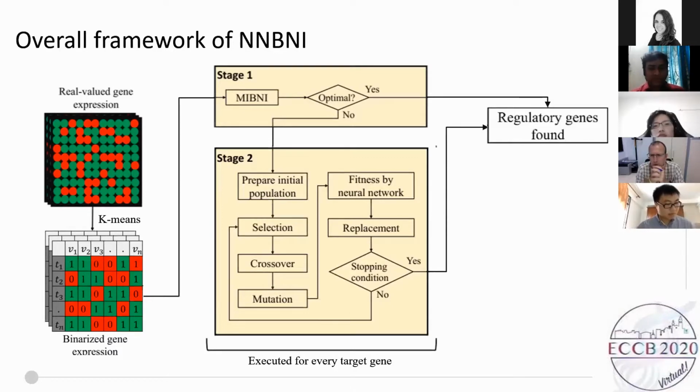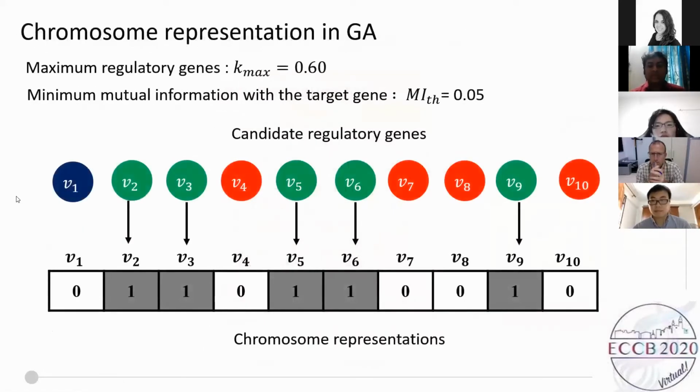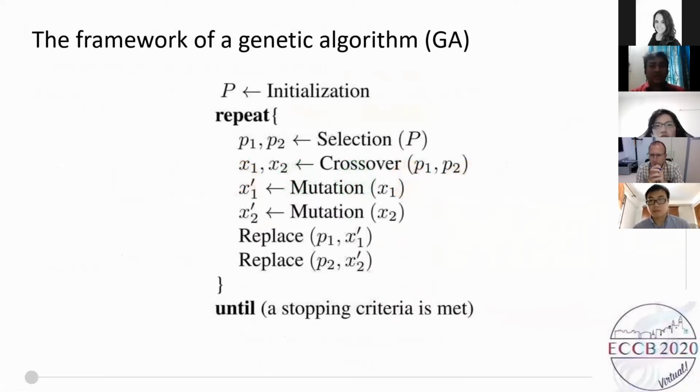If it finds a good optimal solution, then we get the regulatory genes here. Otherwise, a GA with a neural network is applied to find the optimal solution here. Then finally all the results are constructed into a Boolean network.